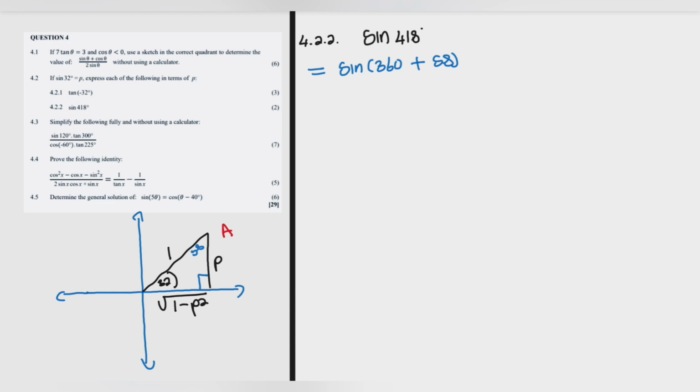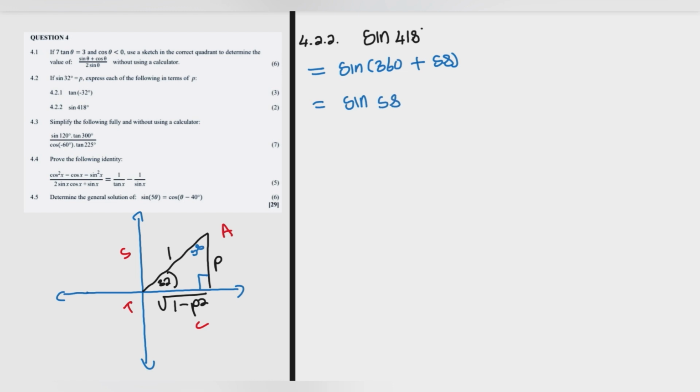Remember, all students take coffee. Right. So 360 plus 58 lies in the first quadrant. In the first quadrant, that is where sine is positive. So if sine is positive in the first quadrant, that means that your final answer will be sine of 58.